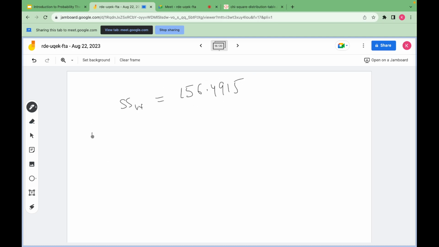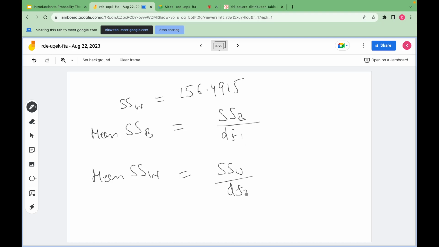After doing this, we will calculate the mean sum of squares between the groups and the mean sum of squares within the groups. This will be SSB divided by DF1, and this will be SSW divided by DF2. Here DF1 is K minus 1.